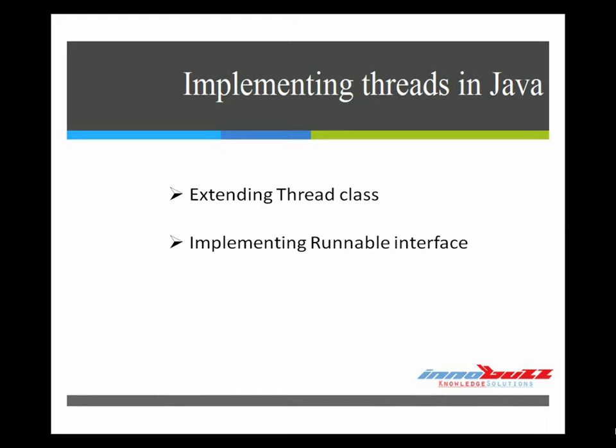In most cases, the Runnable interface should be used if we are only planning to override the run method and no other thread methods. This is important because classes should not be subclassed unless the programmer intends on modifying or enhancing the fundamental behavior of the class.